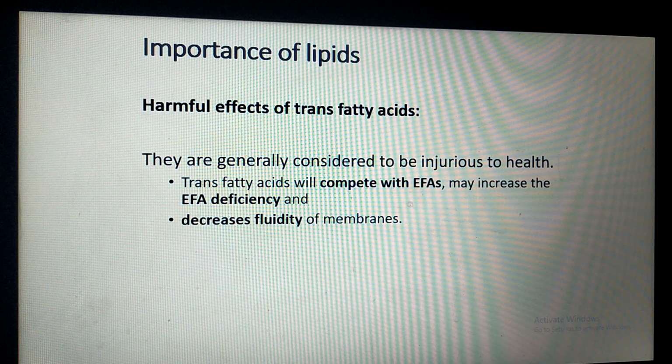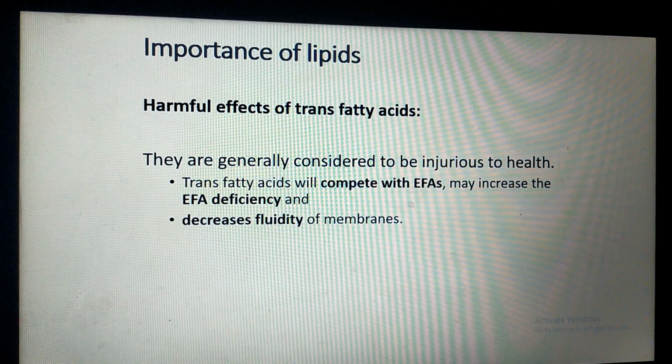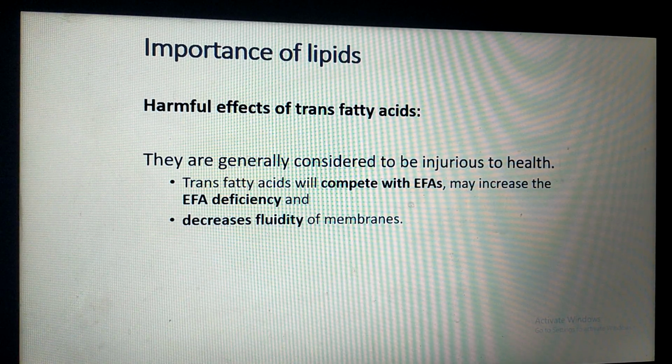As trans fatty acids are saturated fatty acids, their tail is straight and they can compactly fit into the cell membrane. Therefore, the fluidity of the cell membrane is decreased, which affects various transport mechanisms across the cell membrane.